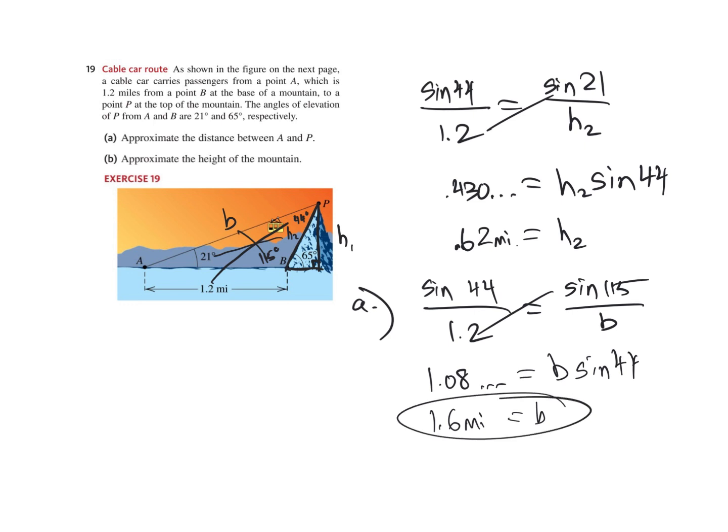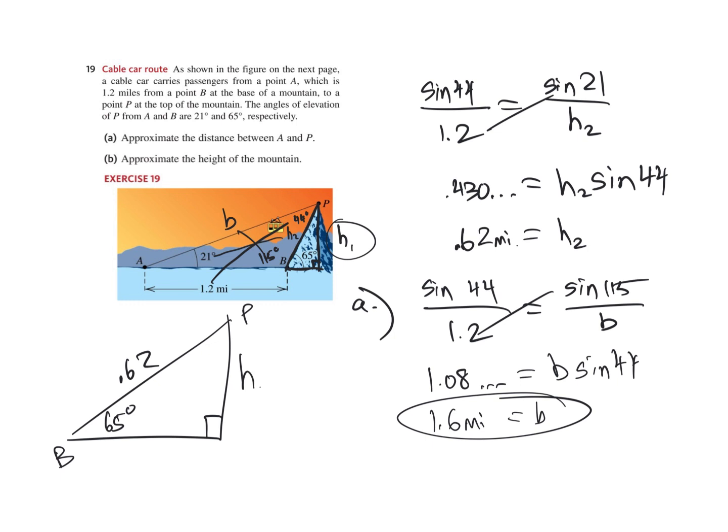Part B is the height of the mountain, which is H sub 1. So I'm going to draw this out here so we have it. B, P, it's 90 degrees. This is H sub 2, or 0.62. This is 65 degrees. Okay, so we want to get H sub 1, which is opposite leg over hypotenuse.